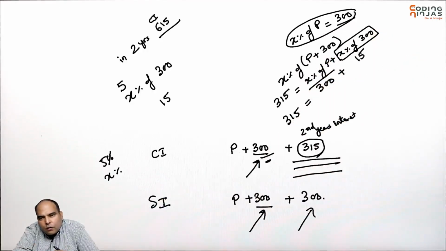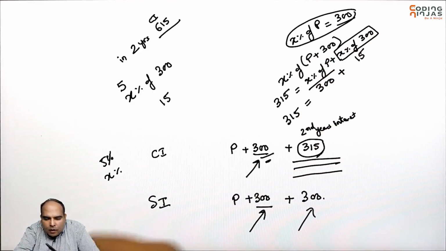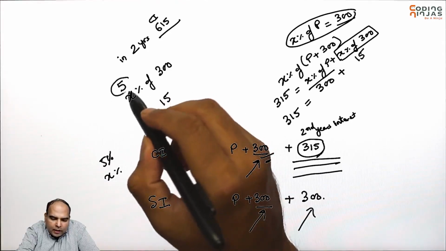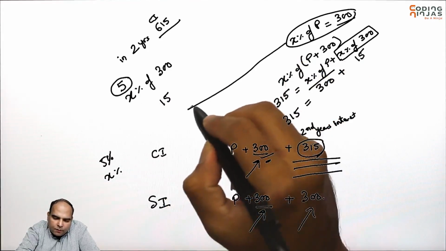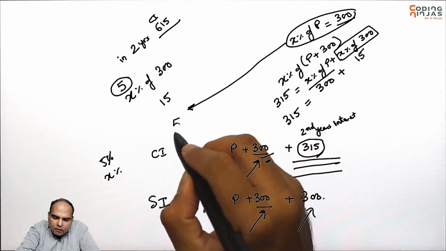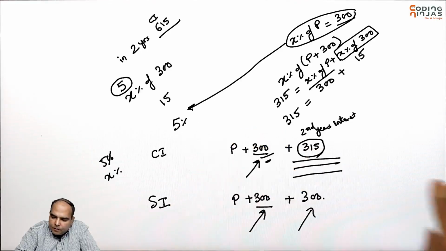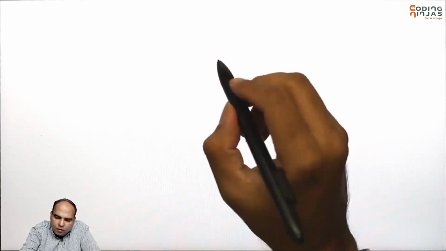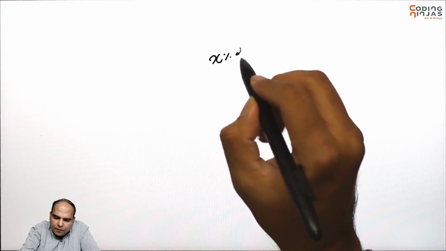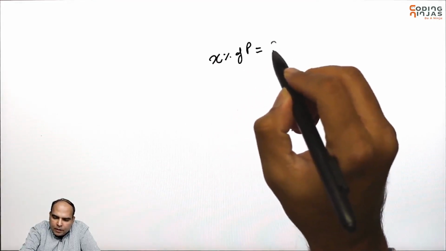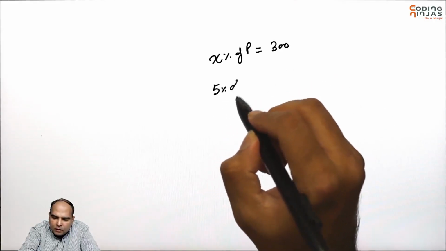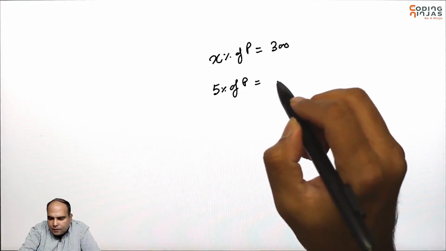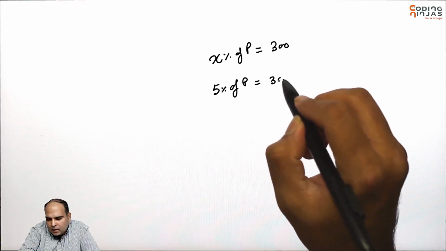Earlier we could not act on this because we did not know X and we did not know P. But now we know X is 5%. So 5% of P is 300.